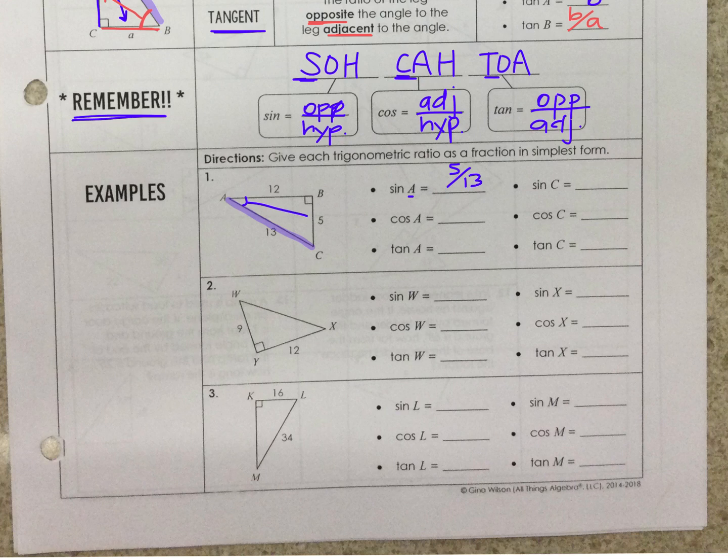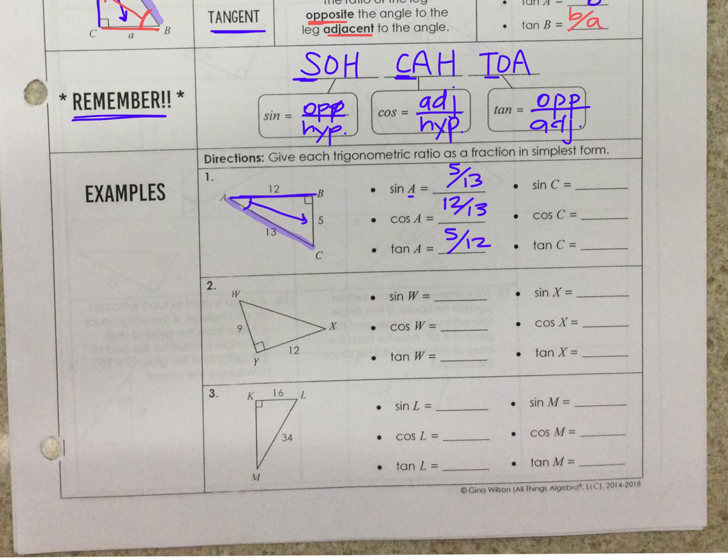The cosine of A: cosine is adjacent, 12, over the hypotenuse, which is 13. The tangent of A is opposite over adjacent, which is 12. So now I have numbers for these.